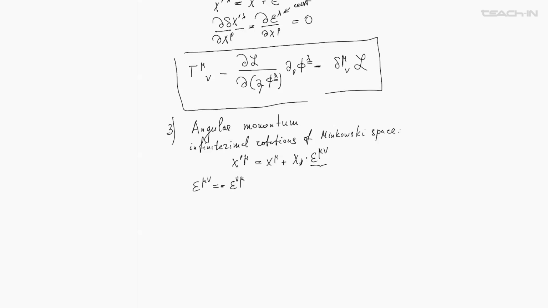That's because mu runs over indices 0, 1, 2, 3, and therefore an antisymmetric tensor will have the number of components equal to 4 multiplied by 3 divided by 2, which is 6. And these 6 components are exactly the parameters of 6 Lorentz transformations, which include 3 rotations, usual rotations of space coordinates, plus 3 boosts, where you rotate between one of the spatial coordinates and the time.